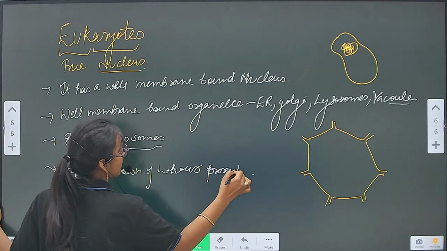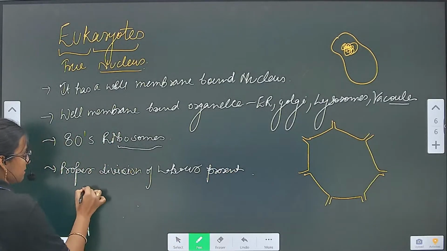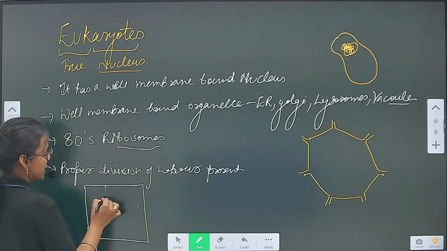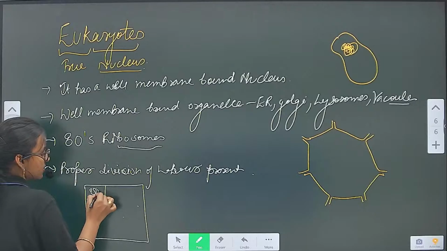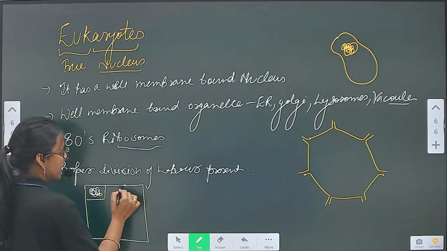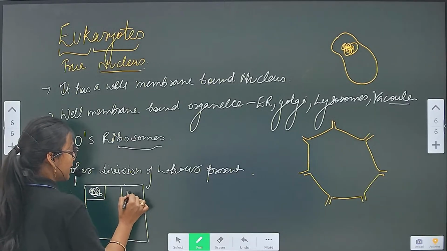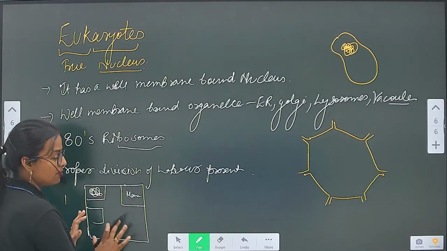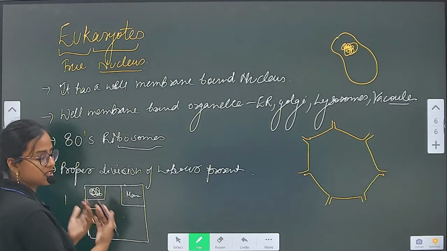For example, if there is a factory, one section is performing refining of the raw material, then there is manufacturing. You need not draw this diagram, I am just giving it for the explanation.